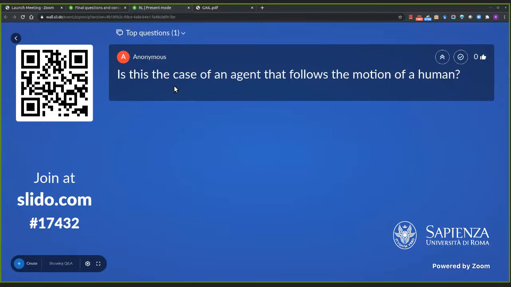So, is this the case of an agent that follows the motion of a human? It can be the case of that, or, let's say, this is something that has been used in a paper, for example. Let's say you're playing Mario Kart. You are the expert.